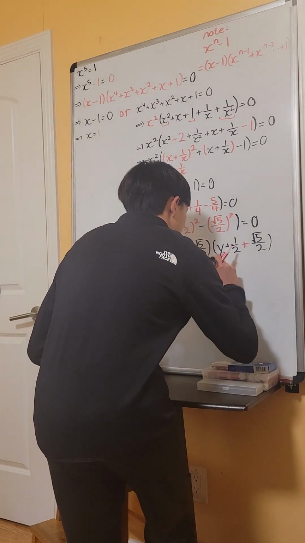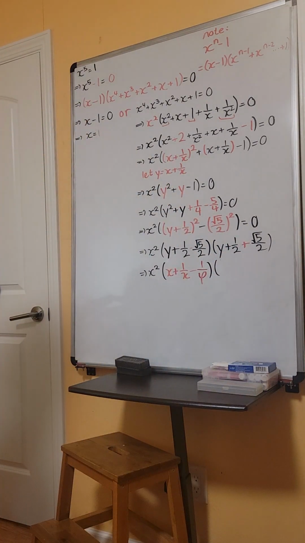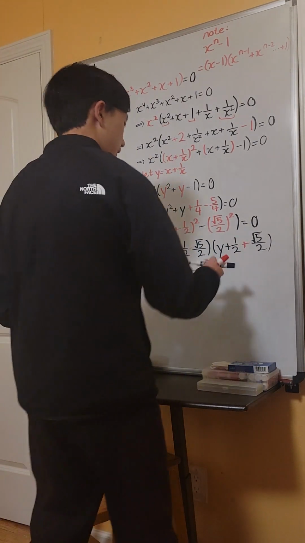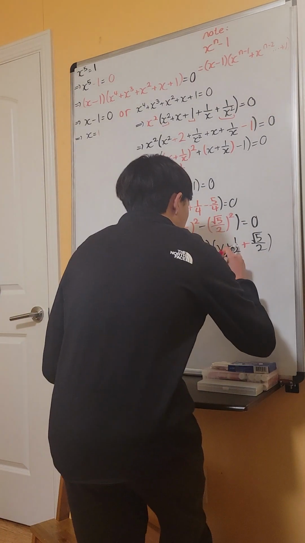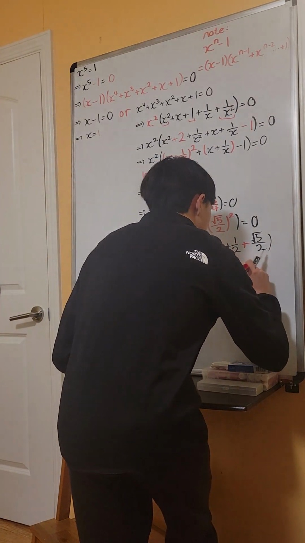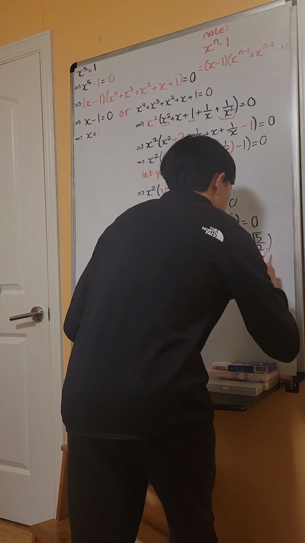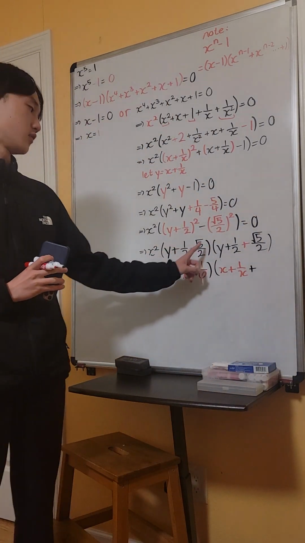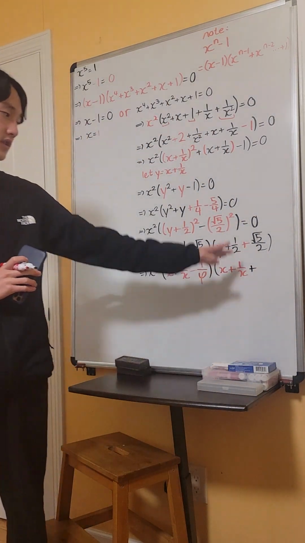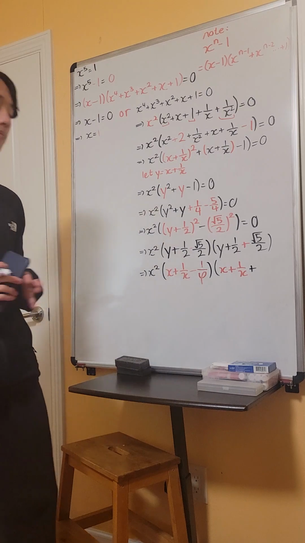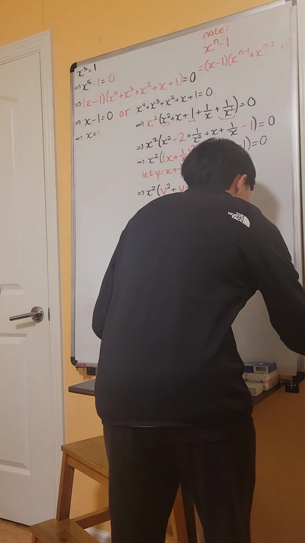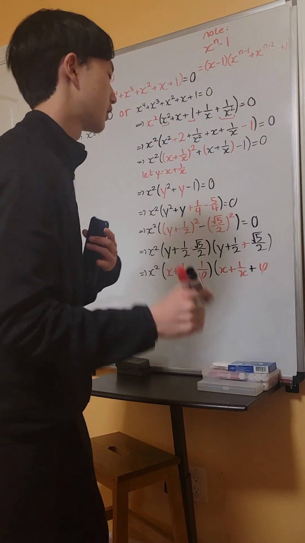So I'll return to the phi thing later. And then here, also you want to replace the y with x + 1/x. And here, notice how the number is slightly different. Instead of (1 - √5)/2, you have (1 + √5)/2. And this number is just normal phi, around 1.618, etc.